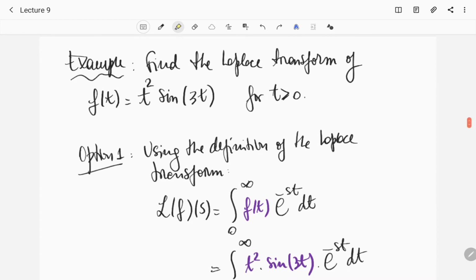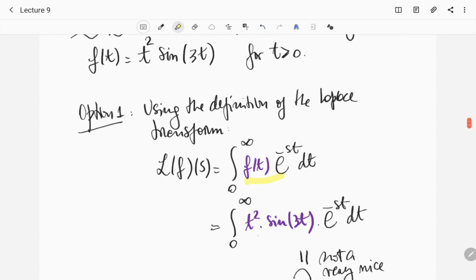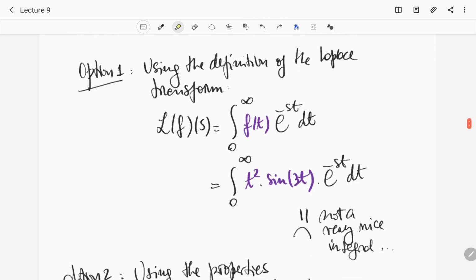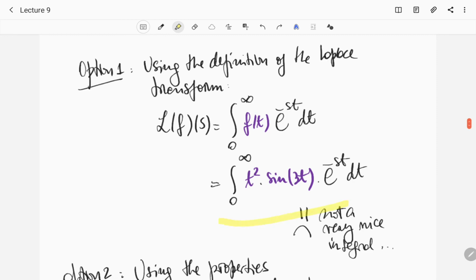We use the definition of the Laplace transform: the integral from 0 to infinity of the function f times the exponential to the power minus st. Now we replace f by its definition, which is t squared sine of 3t. But this is not such a nice integral to solve, right? So we are not going to do this.